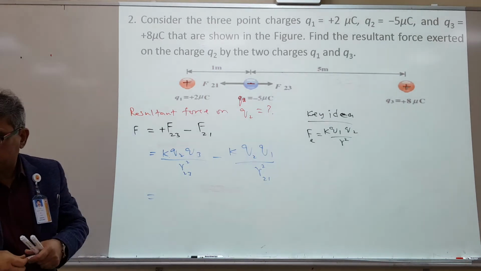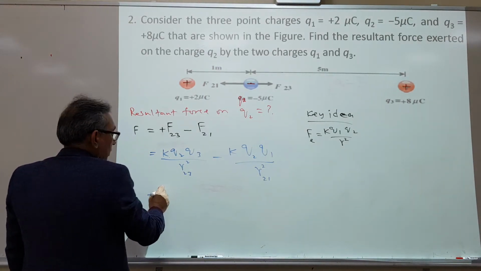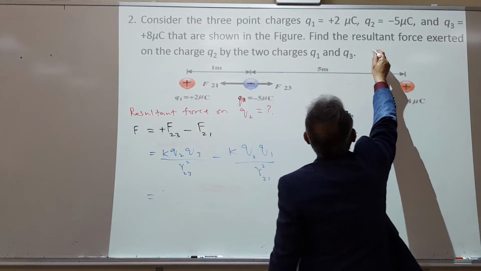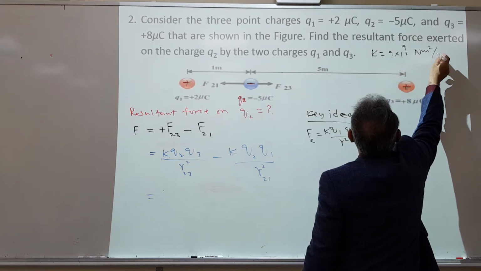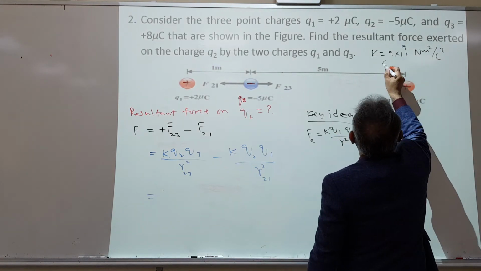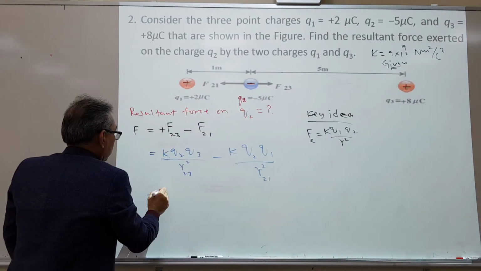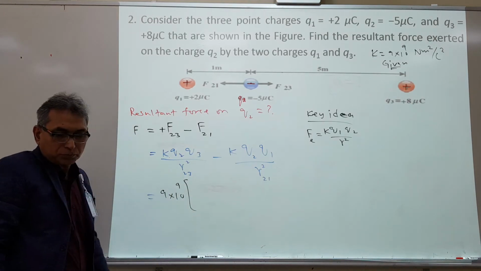K is common. It will be given to you that K is equal to 9 times 10 raised to 9 Newton meter square per Coulomb square. Right, 9 times 10 raised to 9 is common between the two.